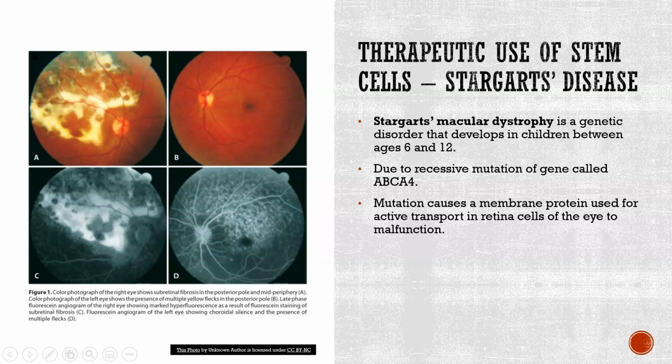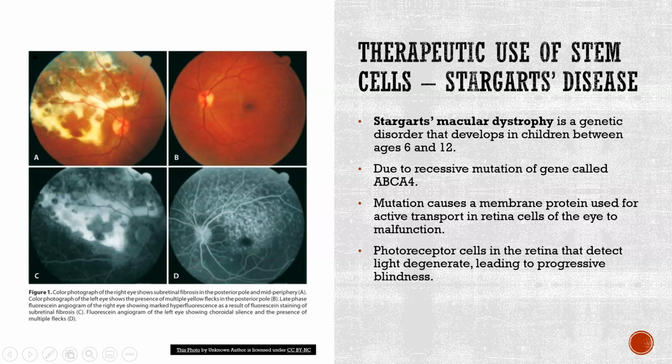The mutation causes a membrane protein used for active transport into the retina cells of the eyes to malfunction. So we will look further at what active transport means. However, basically a protein that takes certain substances into the retina cells has a malfunction. So the certain substances can't enter the retina cells then.